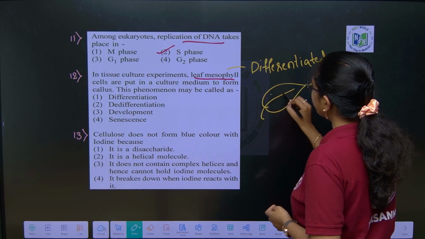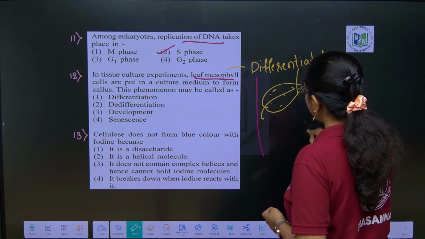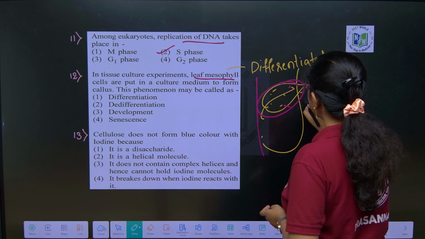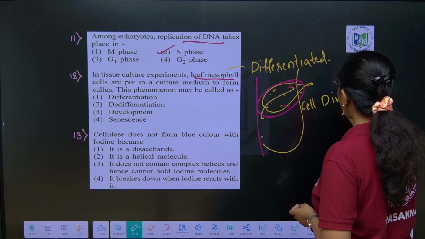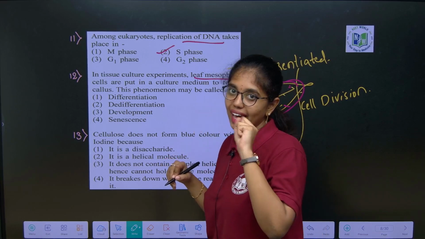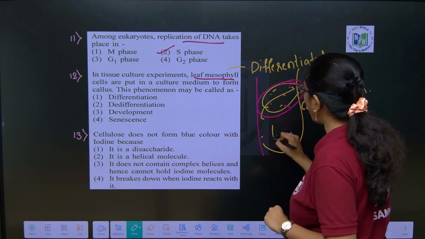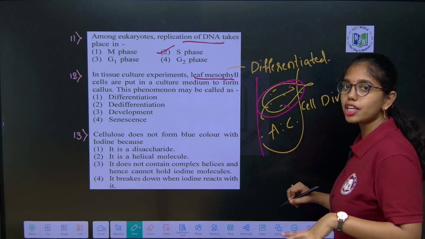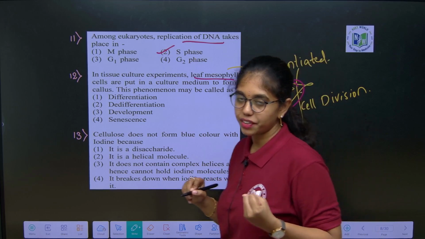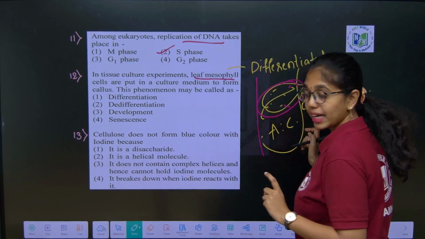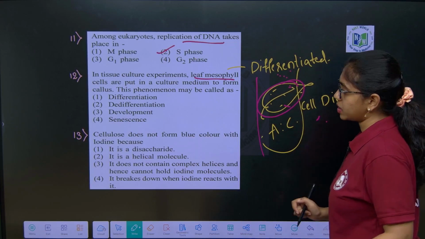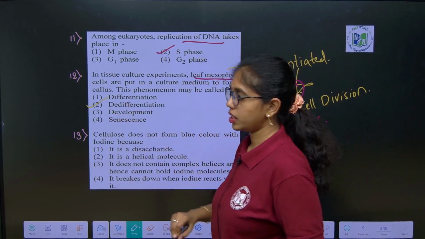And when this leaf is kept in tissue culture, it is again gaining the activity of cell division, and it starts dividing and then forms a callus. When you give equal proportions of auxin and cytokinin, callus formation takes place, okay. As they are gaining back their division activity, you call it meristematic activity, right. So this is losing the capacity of differentiation, again getting meristematic.